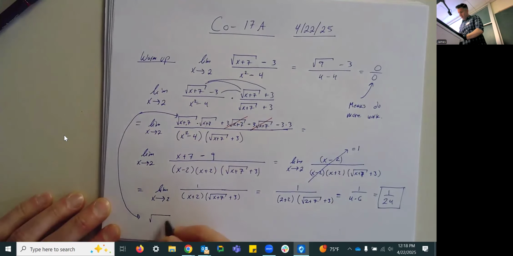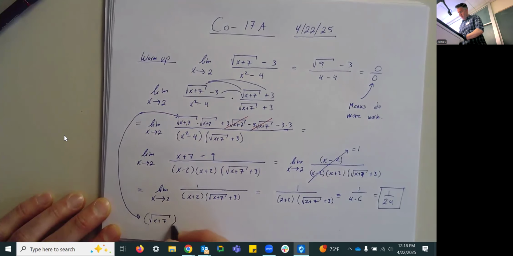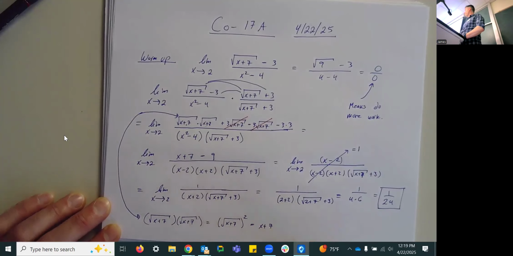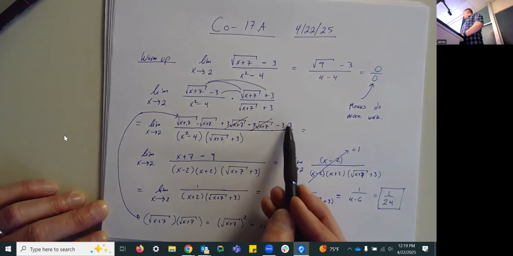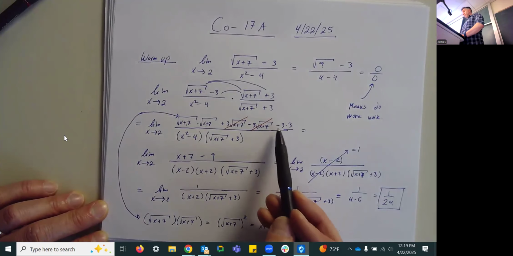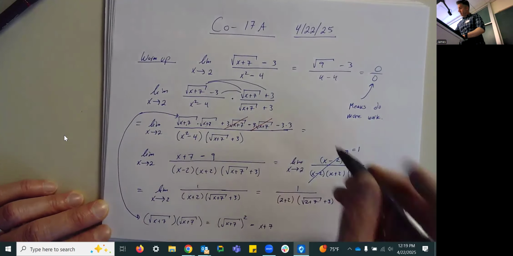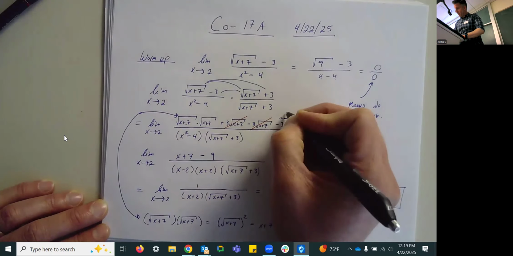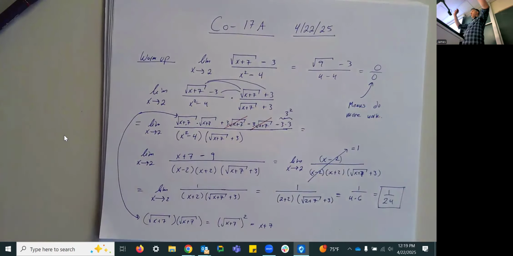And the square root of x plus 7 times the square root of x plus 7 is the square root of x plus 7 squared, which ends up being just x plus 7. The same kind of thing is happening here. I could have written, instead of writing 3 times 3 here, I could have just written minus 3 squared, right? That would be the same thing. 3 times 3 is 3 squared. But the minus sign is still living out in front of that, right? It is specifically minus 3 times 3, which is minus 9, or minus 3 squared. But the squaring is happening before the subtraction is happening.